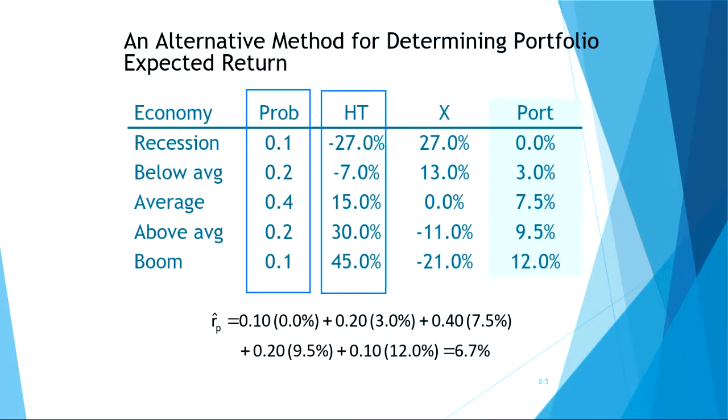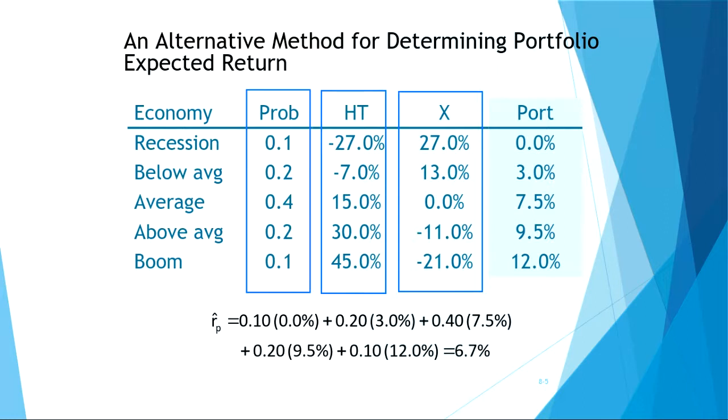For the high-tech company, we are expecting a minus 27% return in the recession case with a 10% probability, right? And here is the company X return in each scenario.